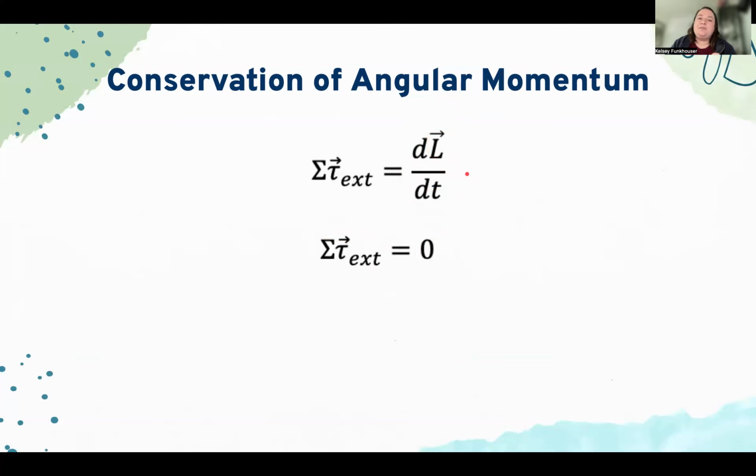And if the time derivative of something is zero, it just means it's constant. So the initial angular momentum equals the final angular momentum. But this part, again, is still the same as linear momentum. But this is where there's an interesting difference from linear momentum.